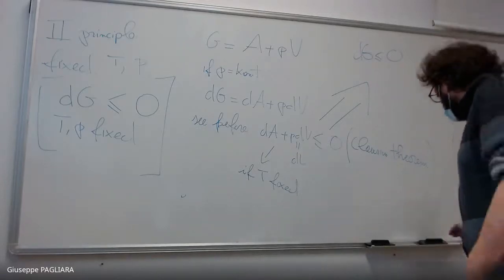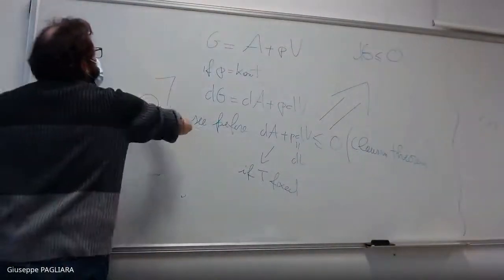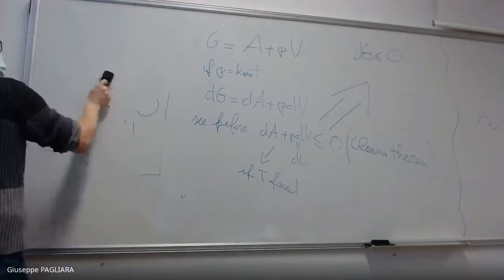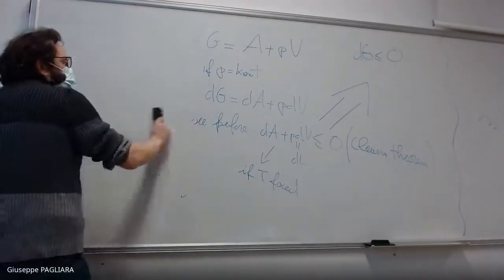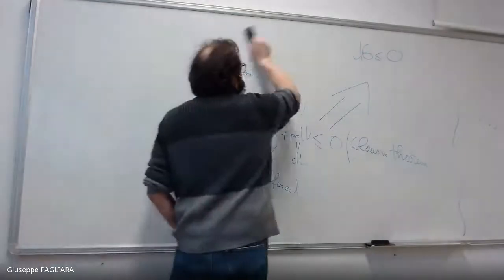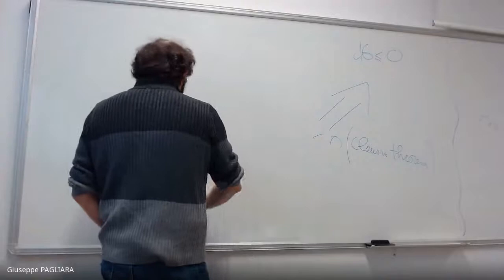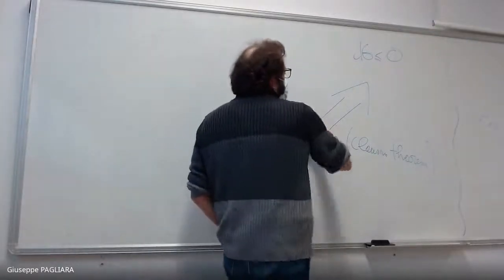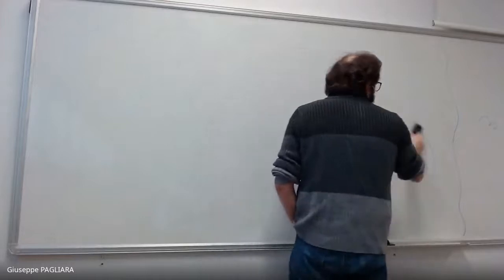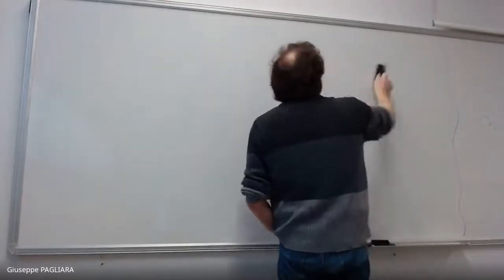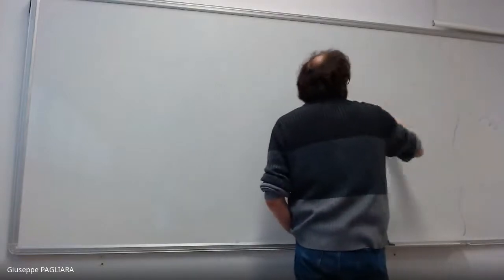So now those are the three ways to write down the second principle of thermodynamics. These are basically derived from the Clausius theorem. And now I also want to make a sort of exercise to refresh some calculations that you might have done in the past.